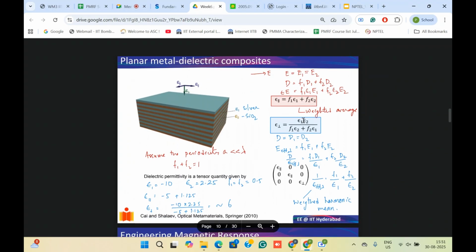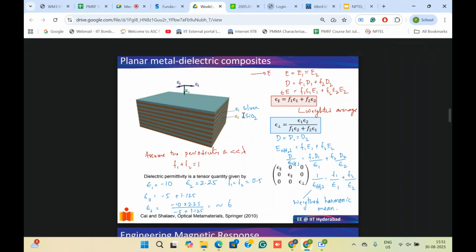This was the example where we are considering the planar metal-dielectric composite, so we have silver and SiO2. We are assuming that the periodicity a is much less than lambda. We know that f1 plus f2 equals 1.